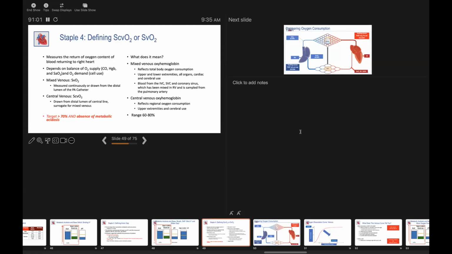So your target is I want to get SpO2 to about 70% in the absence of metabolic acidosis. Getting SpO2 to 70% is not good enough if you still have metabolic acidosis. So let's just go back to Mr. CJ.